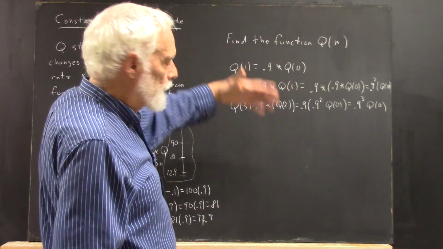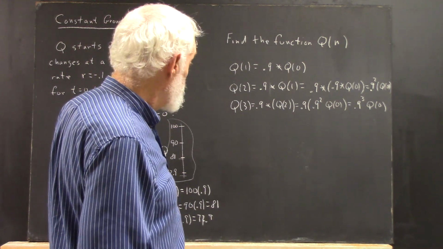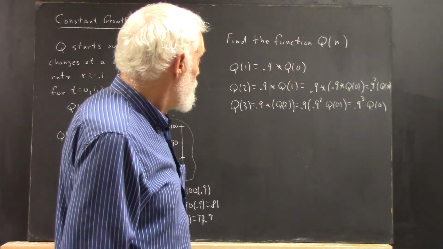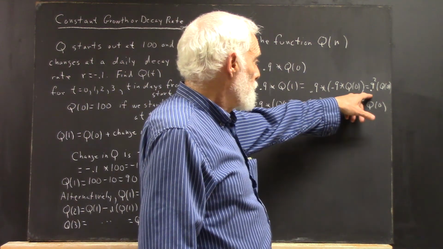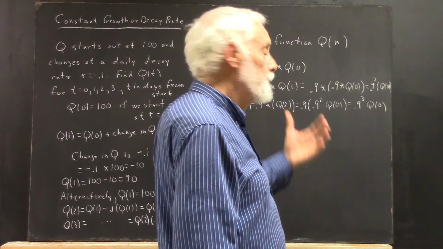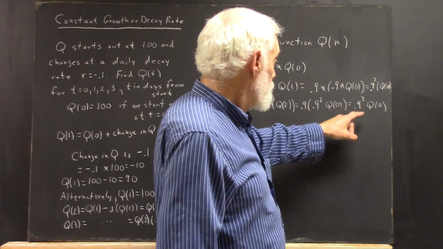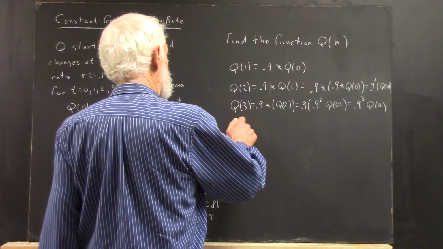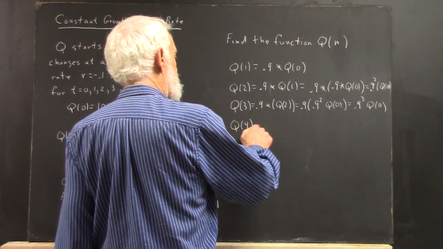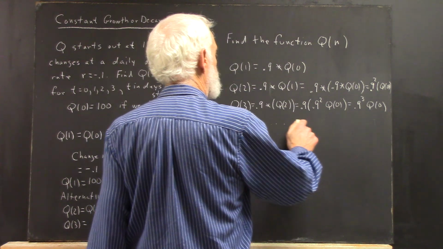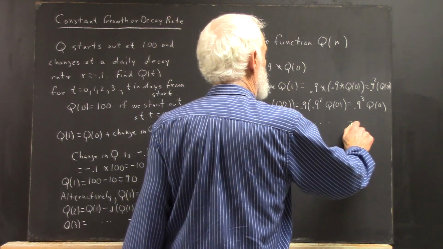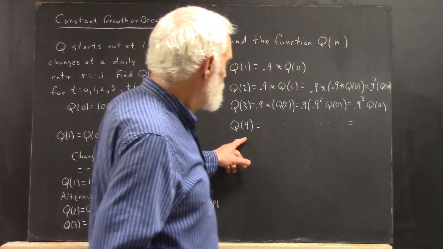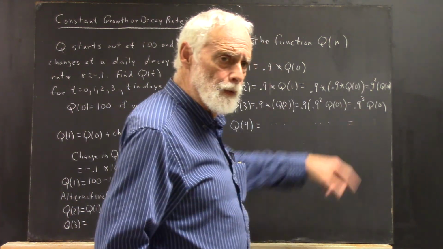Now, do we see a pattern here? It should be pretty obvious that every time we multiply the previous by 0.9, so if we start with 0.9 squared times Q of 0, if we multiply that by 0.9, we're going to get 0.9 cubed times Q of 0. So now we can at least conjecture that for Q of 4, we're going to increase the power of 0.9 by 1.